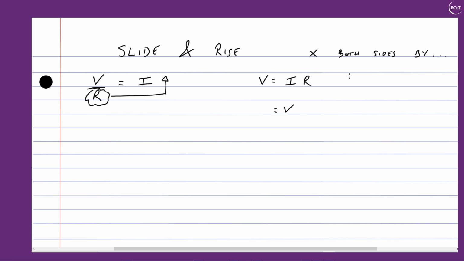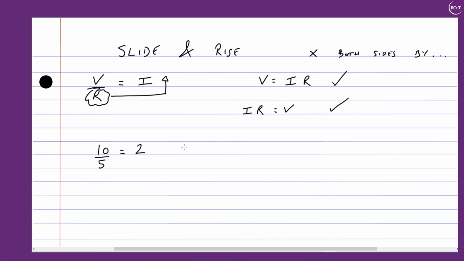So that means V equals I times R. And if we wanted V on the right hand side, then it depends which way you're given the formula, but both of these are correct. So we took the R, we slid it, and we rose it up.